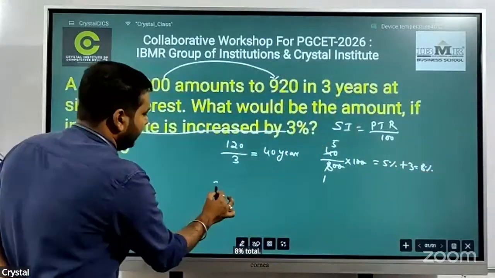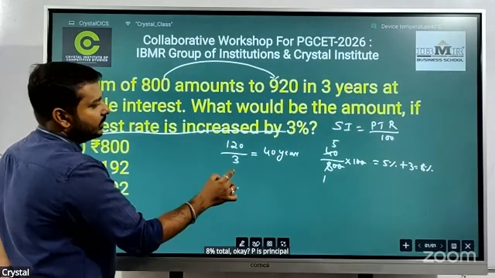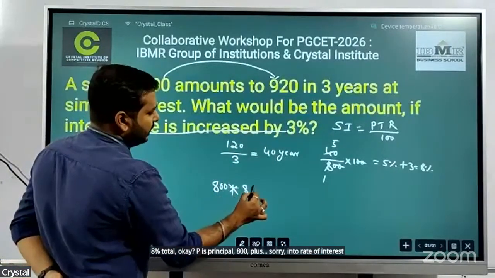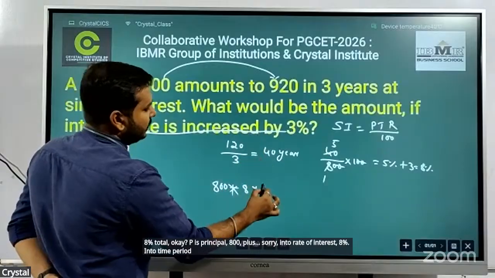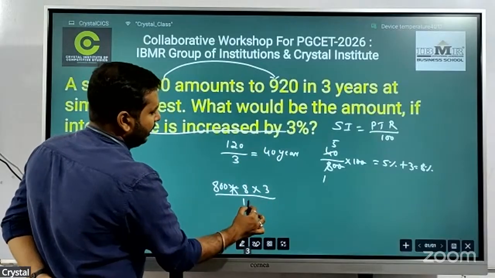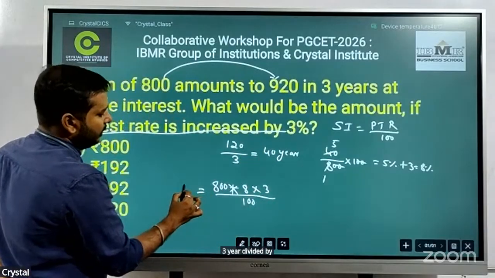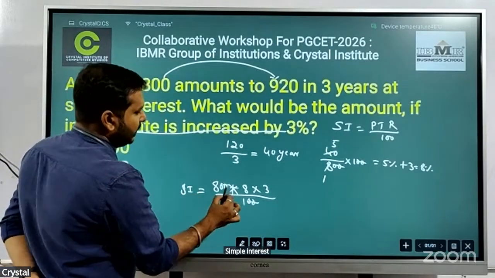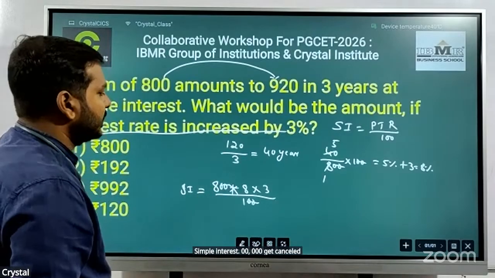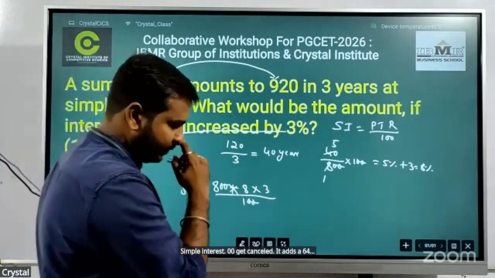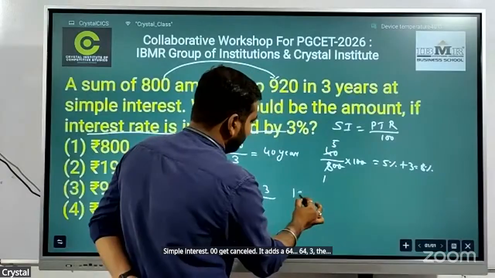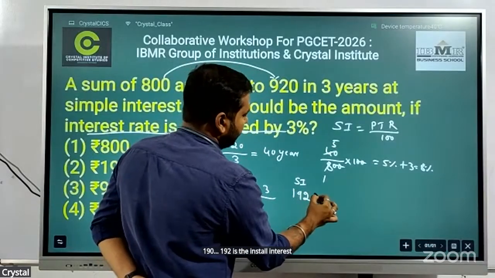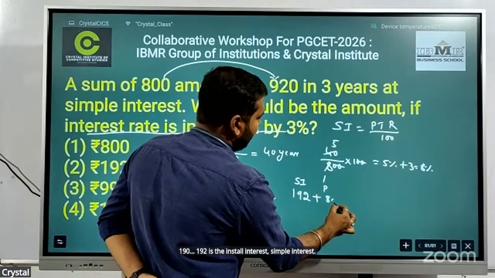Okay, P is principal 800, into rate of interest 8%, into time period 3 years, divided by 100, is equal to simple interest. Double zero gets cancelled. 8 8s are 64. 64 3s are 192. 192 is the simple interest, plus principal 800.